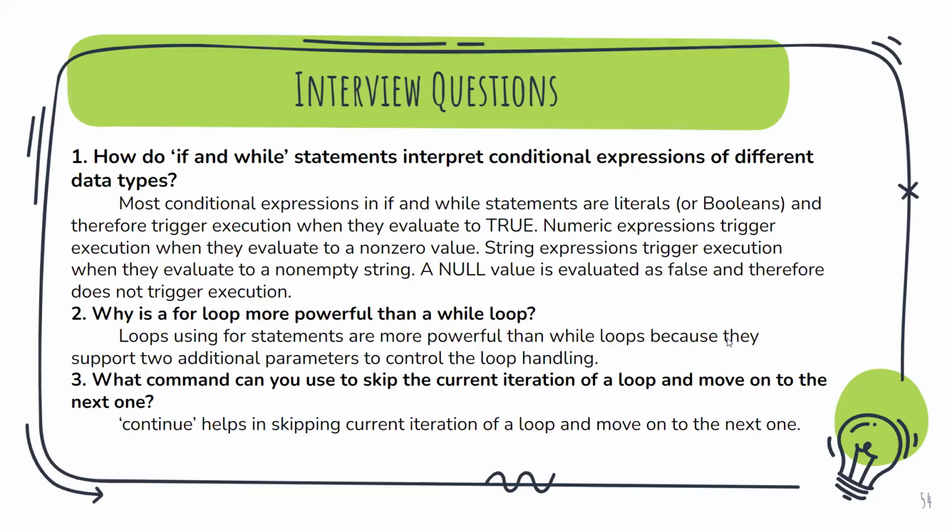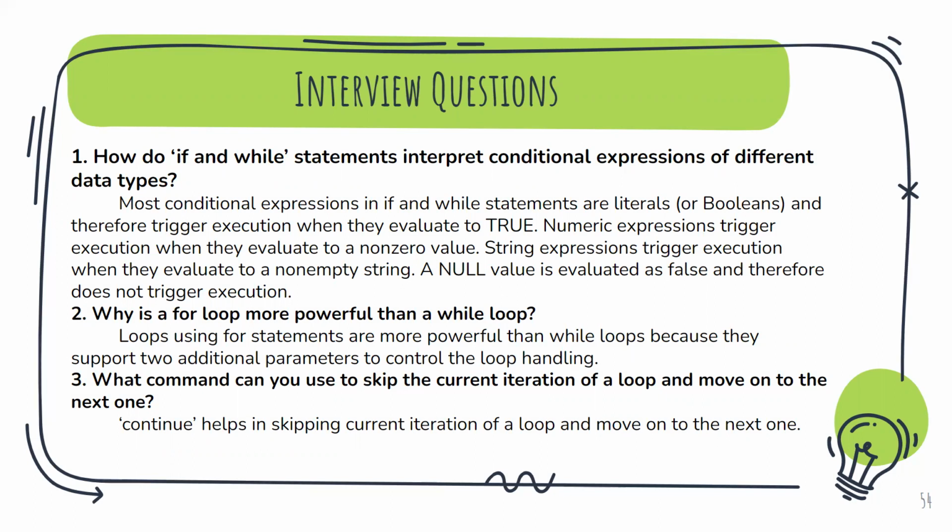Some of the frequently asked questions from this topic: we generally use conditions in if, while, else if, right? So how are those statements evaluated? The condition can be either true or false.